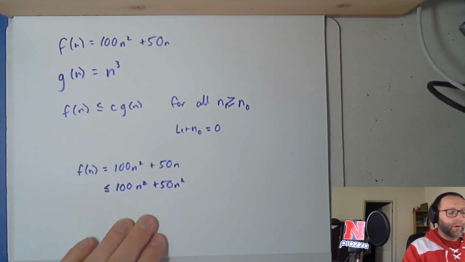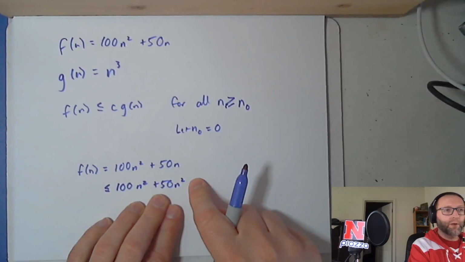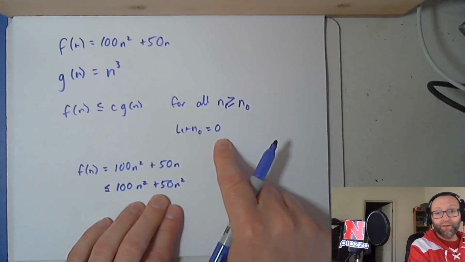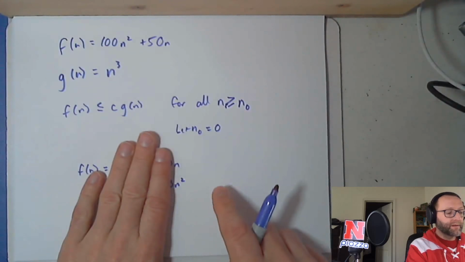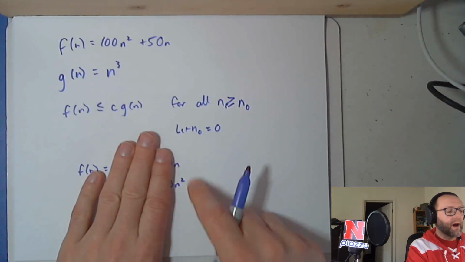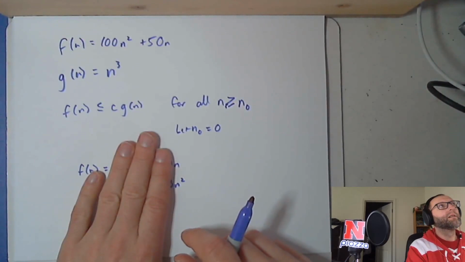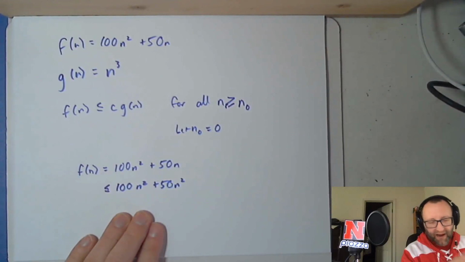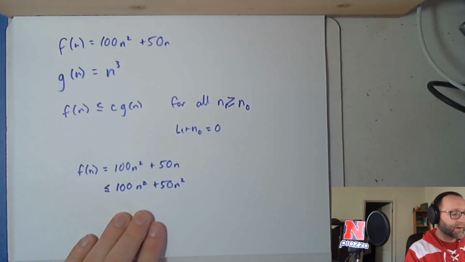Right? Why? Because n is less than or equal to n squared for all n greater than or equal to n not. That's not true for negative values, right? For negative 10, this is negative 10, and this is 100. I guess that's true for some values, but again, negative values are completely irrelevant here, okay?